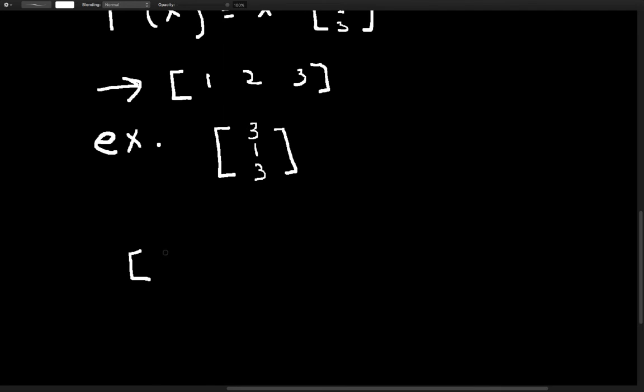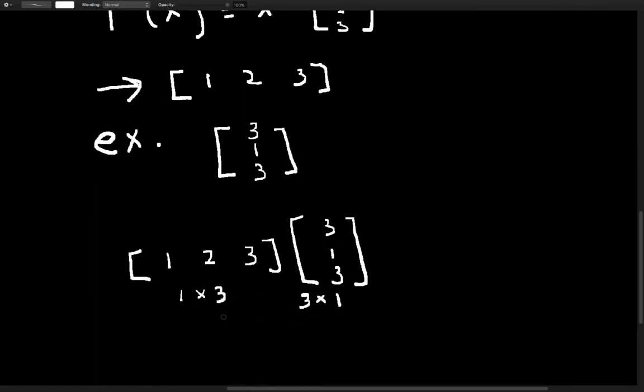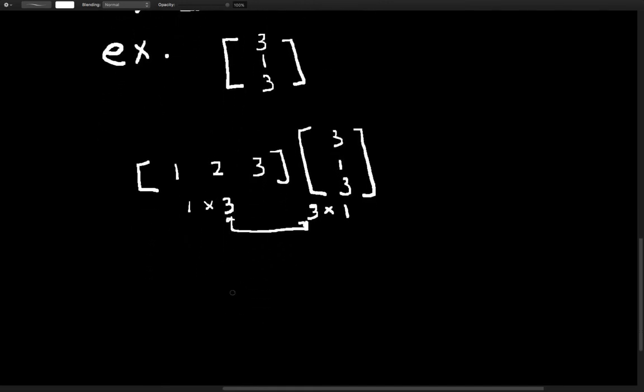It would be [1 2 3] times (3, 1, 3). We see this is a 1 by 3 matrix and this is a 3 by 1 matrix. These dimensions match, so we can multiply them together. We just get 3 plus 2 plus 9, which ends up being 14.